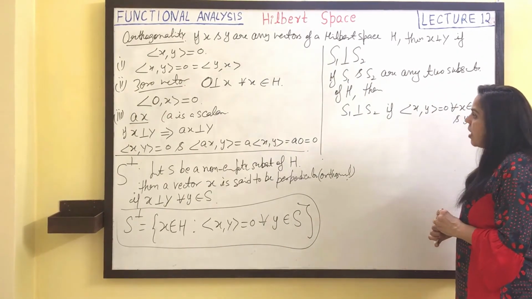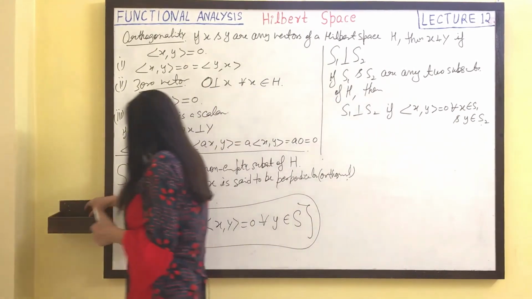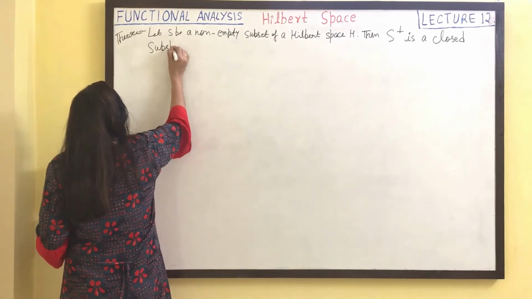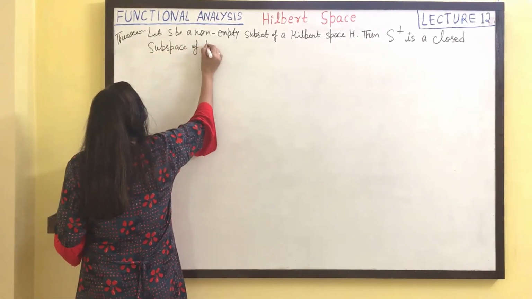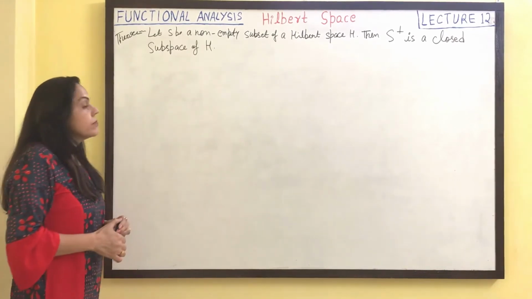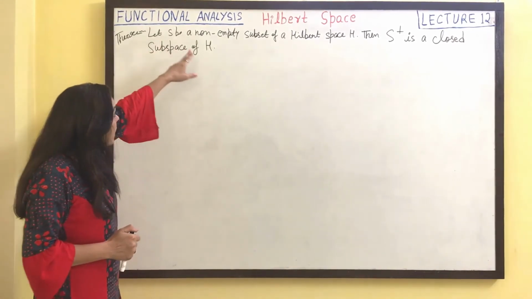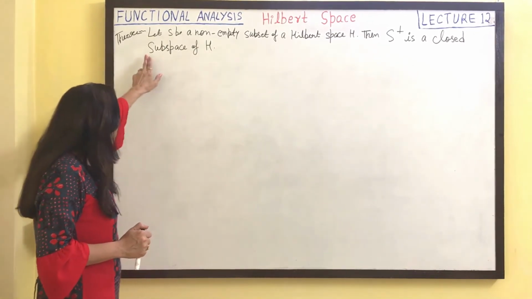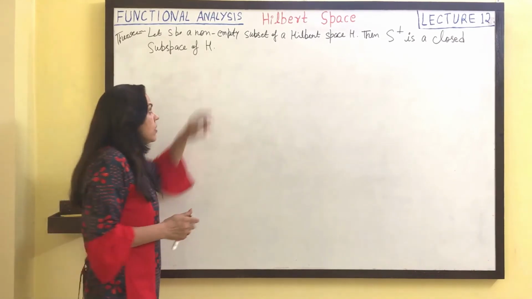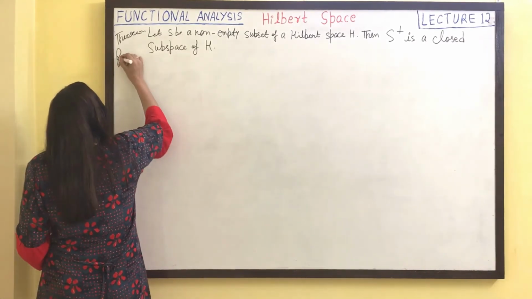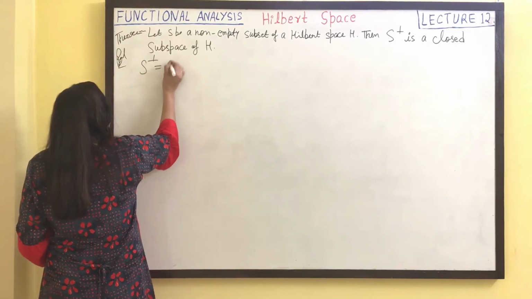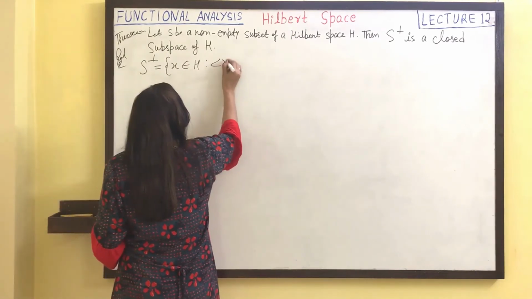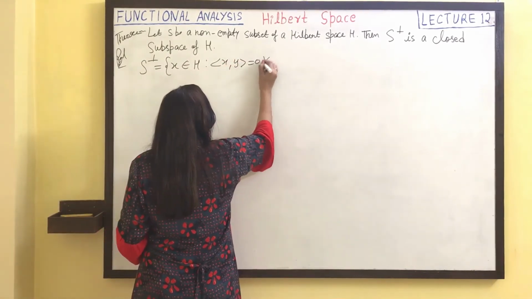Okay, now we prove a theorem on perpendicularity. Here we have a theorem. Let S be a non-empty subset of a Hilbert space H, then S perpendicular is a closed subspace of H. Now we know that S perpendicular is the set containing the elements x of H such that the inner product of x comma y is equal to 0 for all y.